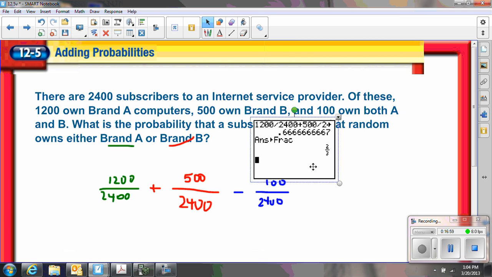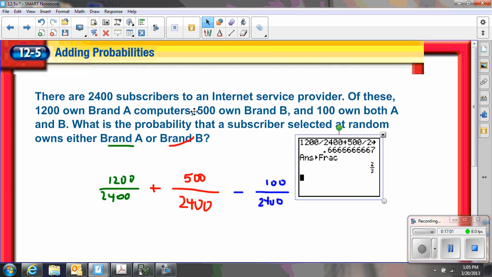So the probability of someone owning either brand A or B is 2/3.